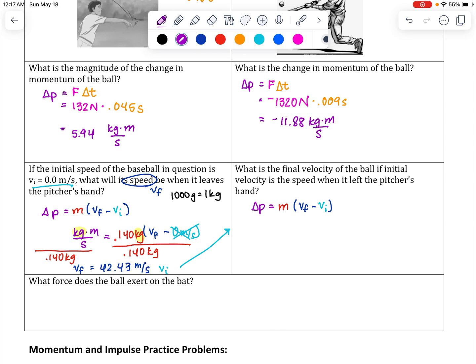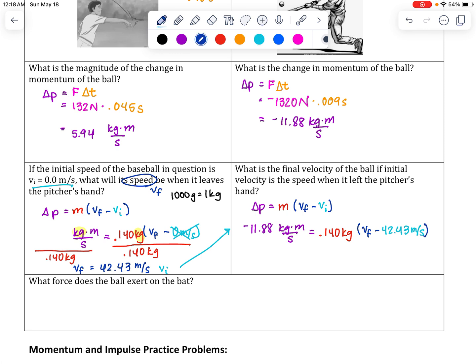The mass of the ball is still 0.140 kilograms. Negative 11.88 kilogram meters per second is equal to the mass times VF minus my initial velocity, 42.43 meters per second.